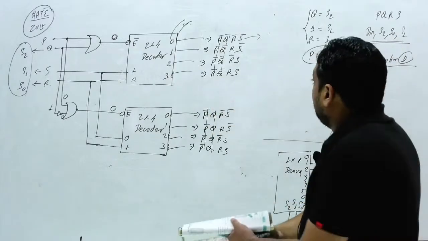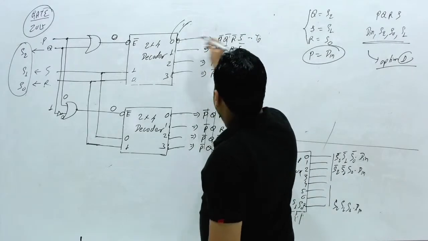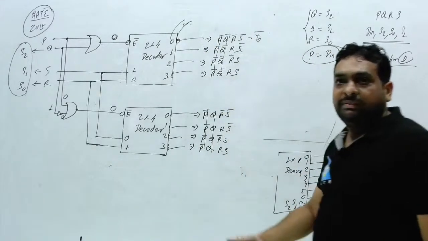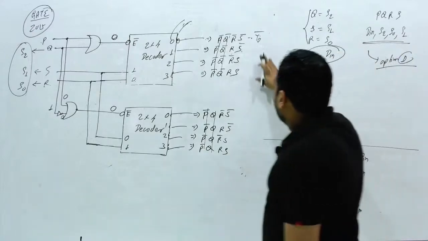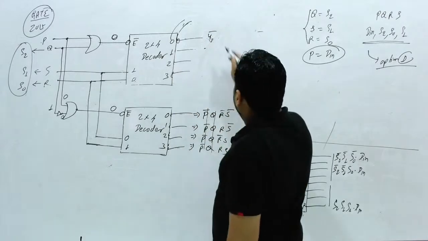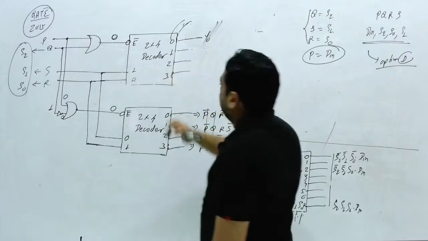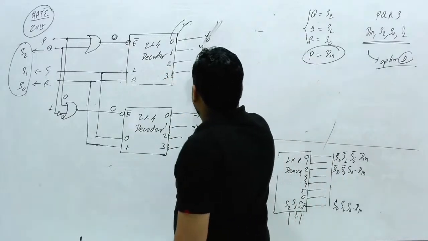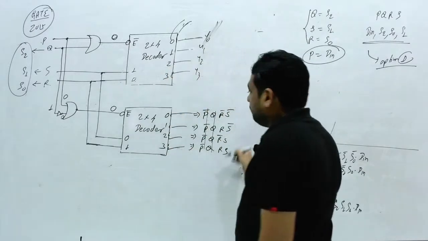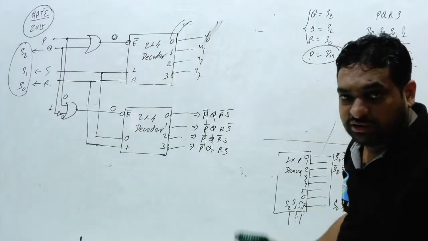Here you are considering this is Y0; if you put a bubble here, you can say this is Y0 bar. Both will be the same. So the examiner has provided this bubble and Y0 bar. I have cancelled this bubble and I am going to write this as Y0, and this is Y1, Y2, Y3 and this is Y4, Y5, Y6 and Y7. Clear? So can you solve?